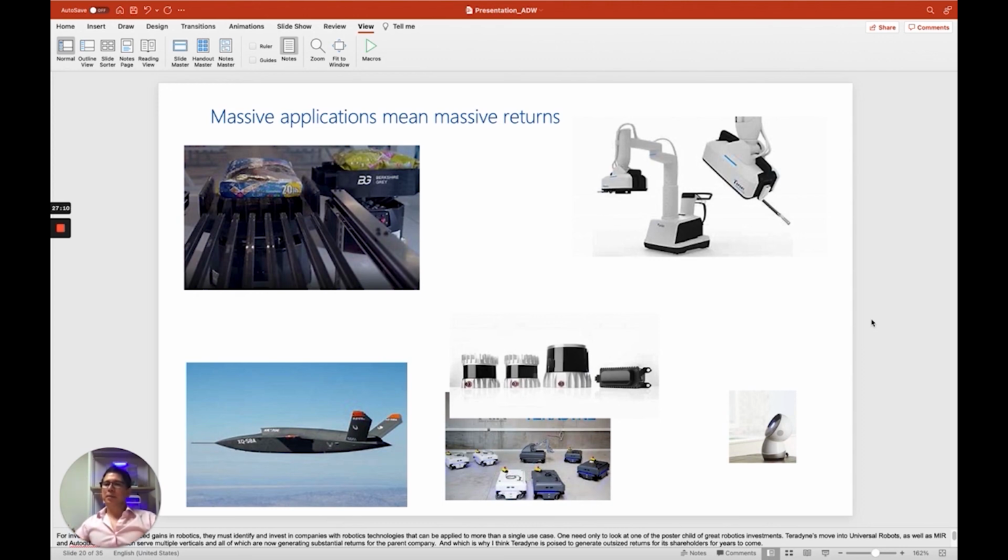Kratos is building very interesting aerial robots to augment the U.S. Air Force, basically force multiplier drones, if you would. I mentioned Teradyne mobile robots earlier. I think Ouster is very interesting.